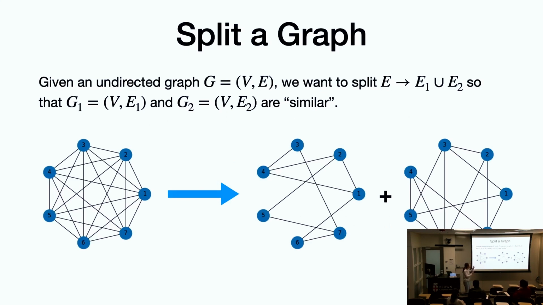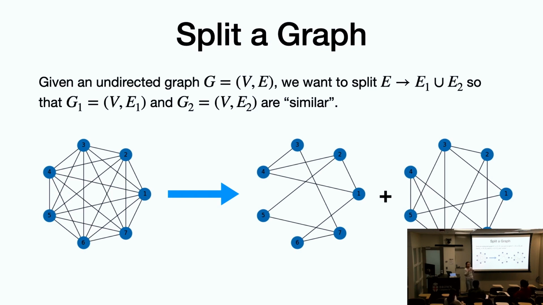Okay, here is the mathematical question. Suppose I have an undirected graph G with vertex set V and edge set E. I want to split the edge set E into two subsets, E1 and E2, such that the two edge-induced subgraphs G1 and G2 are similar.